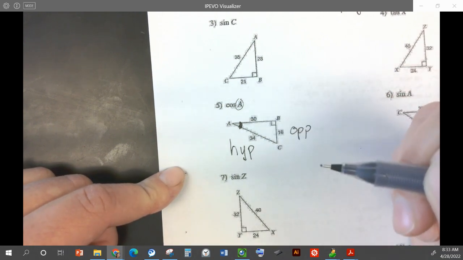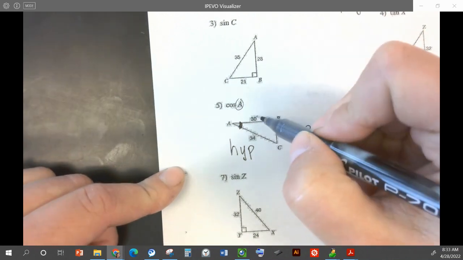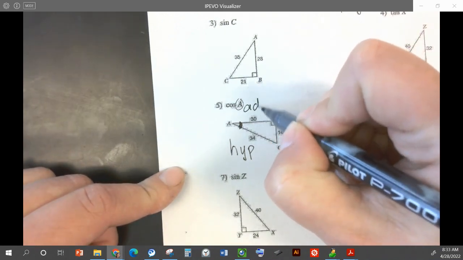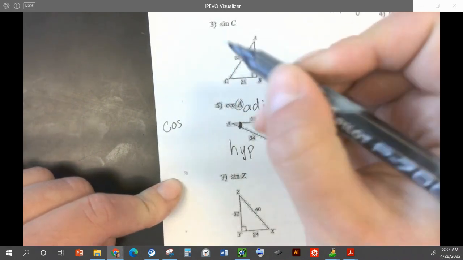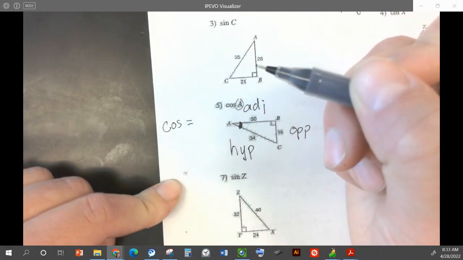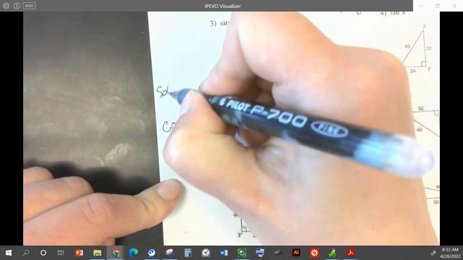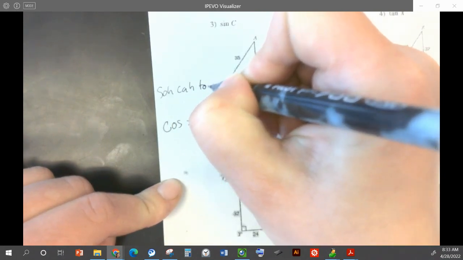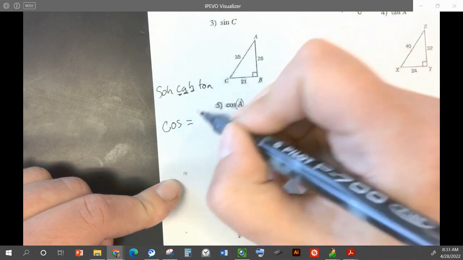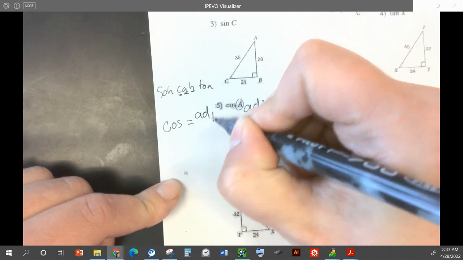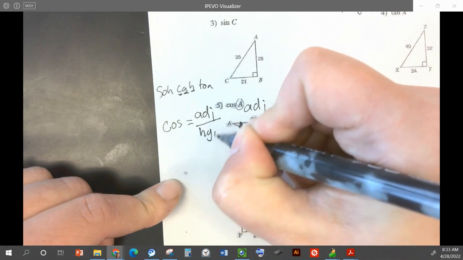Adjacent is the side next to our angle, but not the hypotenuse. So this is adjacent. And then we need cosine. SOHCAHTOA. Cosine is adjacent over hypotenuse.